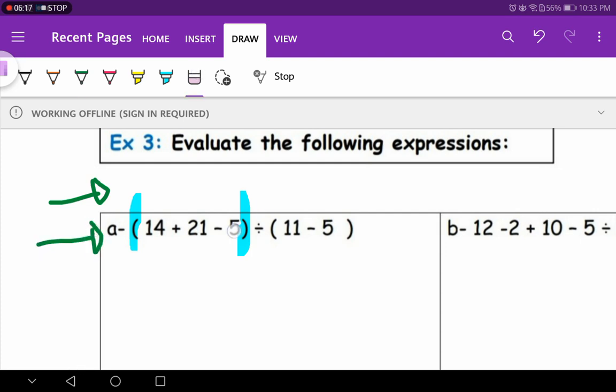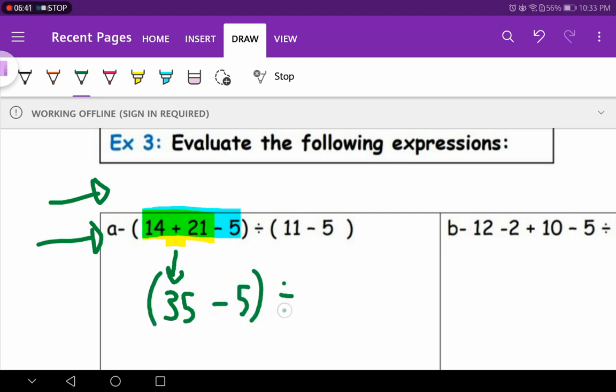Again, you have to start from the parentheses, so we have to execute this. I have the weak operations, which are plus and minus, so I will start from the left. So I will do this, and this gives me 35. I will copy all.